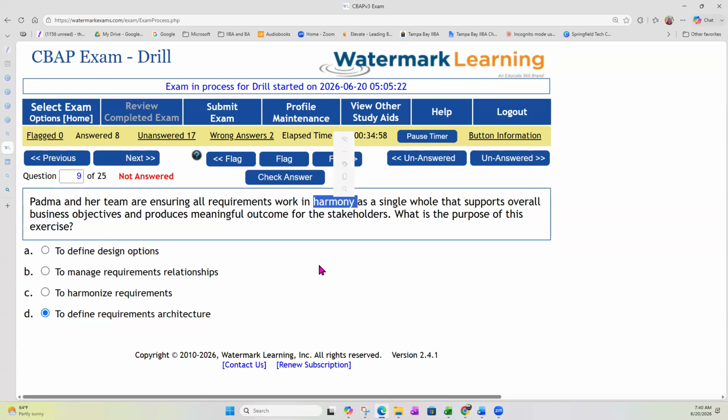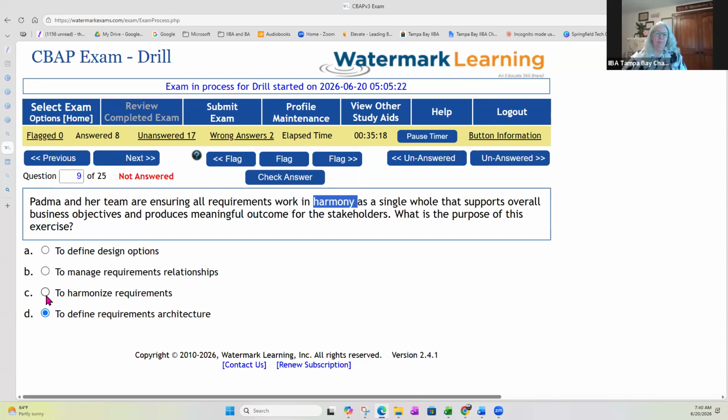Which option will produce a meaningful outcome for stakeholders? So from this highlighting, I would say it's C. Okay, I'm harmonizing the requirements. Do you think it is going to produce anything for the stakeholders?